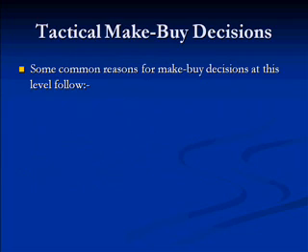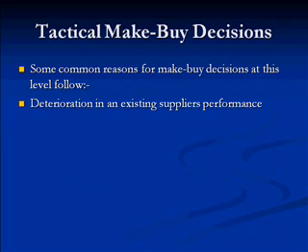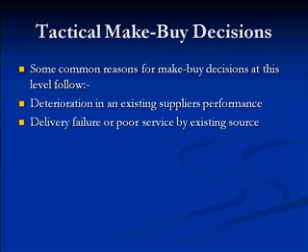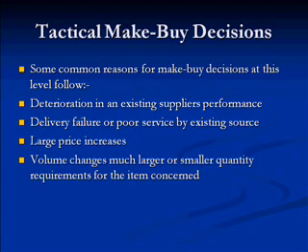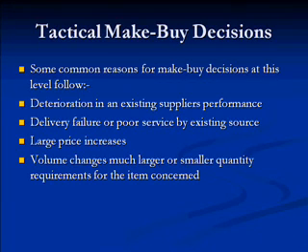Tactical make or buy decision is based on the following levels, like deterioration in an existing supplier's performance. So you have a supplier, and that supplier is not able to provide you the supplies in a correct manner or as per the contract, or his supplies quality has started deteriorating.